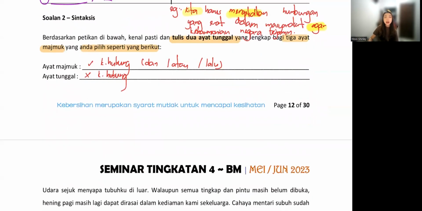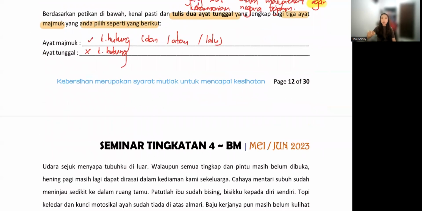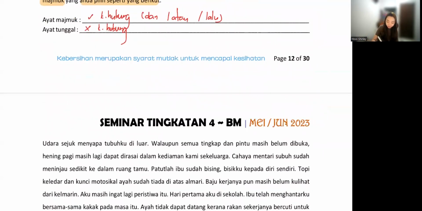Look at this. How are you going to present and do it in the exam? So let us do the first sentence together. For this sentence, which one is the kata hubung? Any ideas? Which one is the kata hubung?